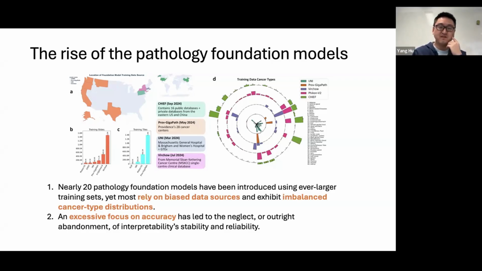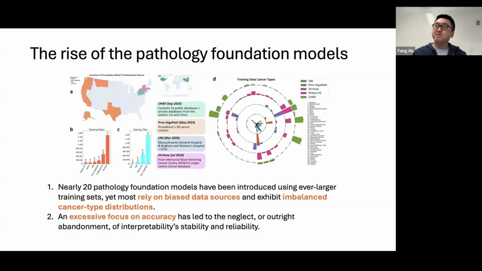But they still have some relatively dangerous aspects. Most of them rely on very biased data sources, because most of them are trained not only on TCGA but also on their own private cohorts.